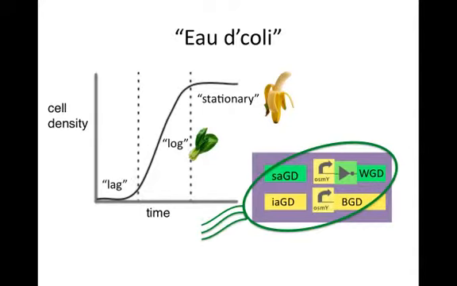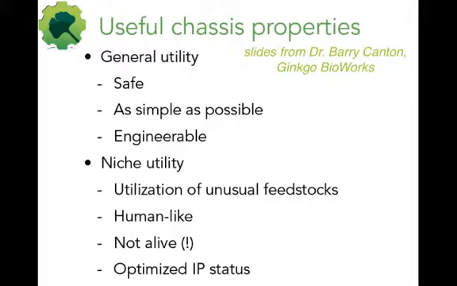So with that as a perhaps starting place, let me back up just a little bit and start where Barry very thoughtfully introduced these ideas of chassis properties. I'm going to start at the bottom of the slide and talk about niche utility because in a way I already did talk about niche utility.